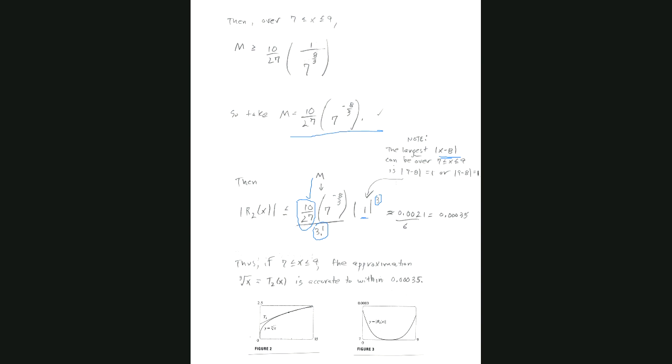And so therefore we get an error bound, and that error bound is going to be equal to 0.00035. And therefore, if we restrict x to be between 7 and 9, and we approximate the cube root of x with the second-degree Taylor polynomial, it will have this level of accuracy.